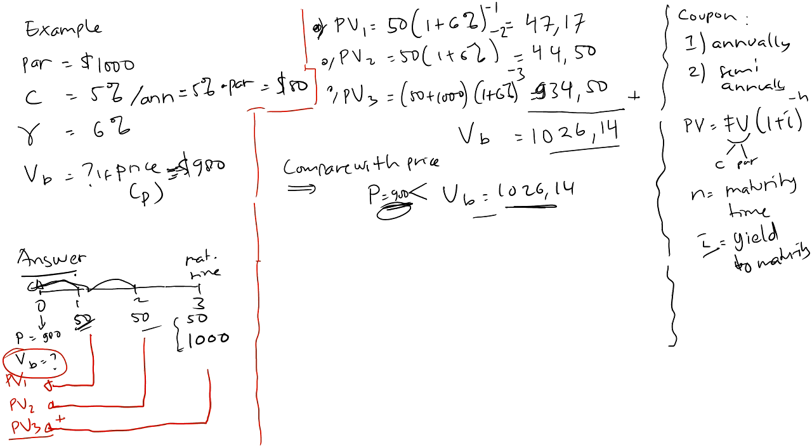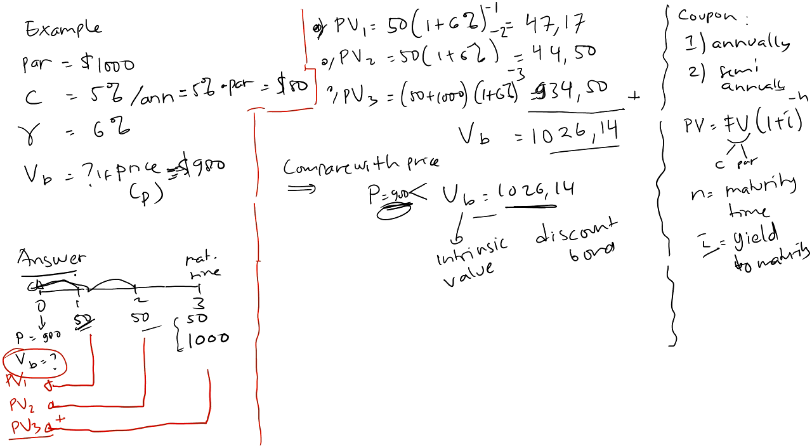That's why we call this a discount bond. This bond value is also called the intrinsic value. Because the intrinsic value is higher than the price, we call it a discount bond.